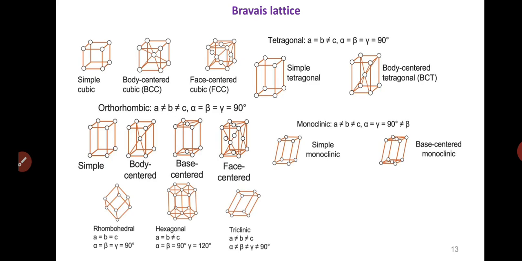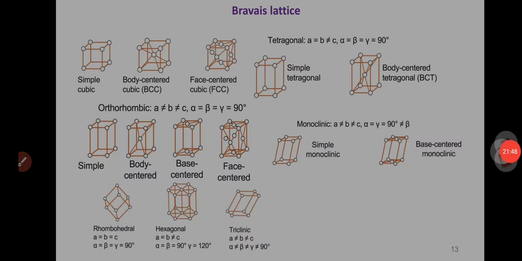For example, in cubic structures, all sides are of equal length, that is A equal to B equal to C, and the angles are equal, alpha equal to beta equal to gamma equal to 90 degrees. In tetragonal, A is equal to B but not equal to C, and the angles are alpha equal to beta equal to gamma equal to 90 degrees.